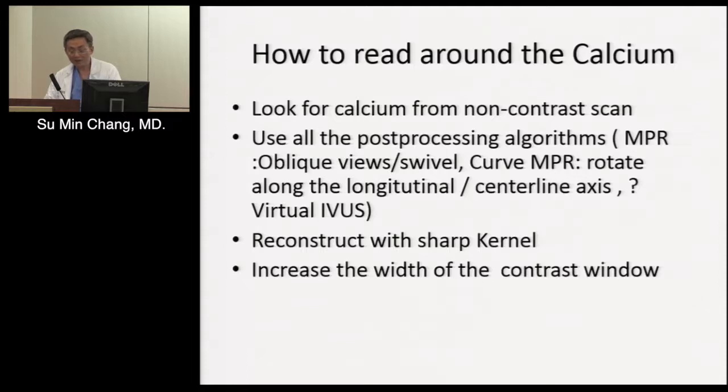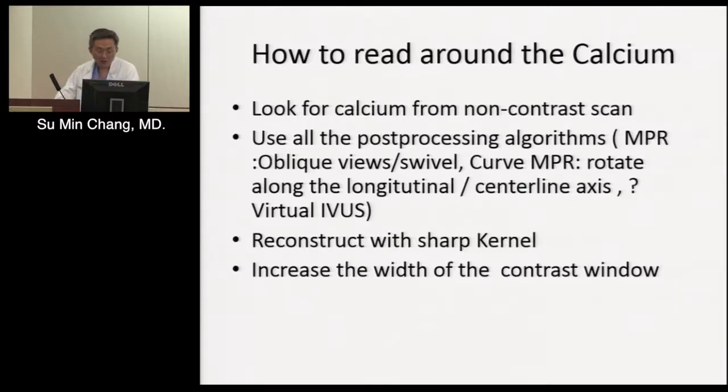Because oftentimes you can't tell whether there's calcium or not unless the calcific plaque is really big. Because if you have contrast in the lumen, which has high attenuation, and you have calcium in the wall, and it's not very extensive, you could miss the calcium.